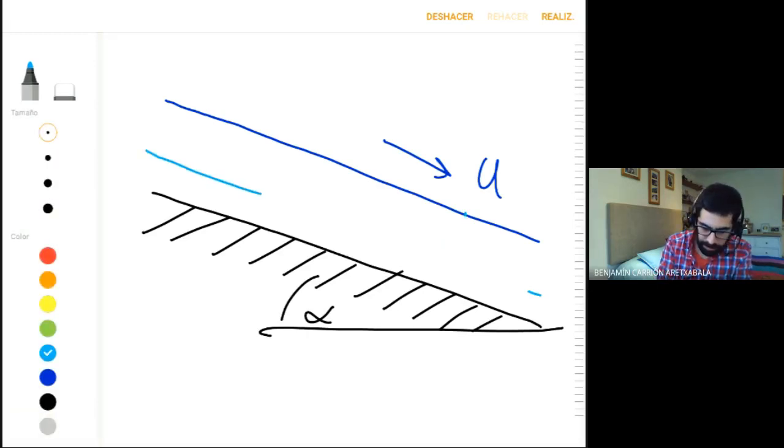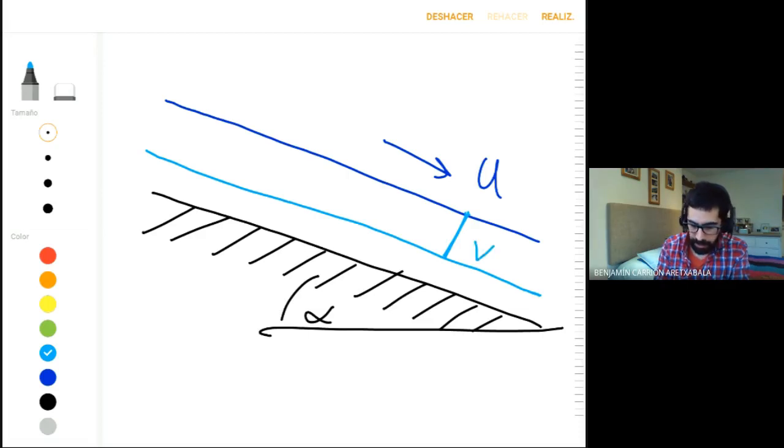So let me just split the water, and more or less it's going to have a uniform velocity profile, and we're going to call this V. And if you remember, we said at the beginning that there is this no slip condition. So the water at the very bottom of the canal or this stream is going to stick to the bottom. So here the velocity is going to be 0.